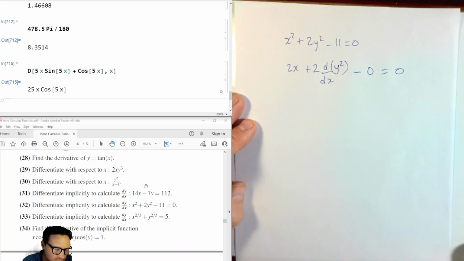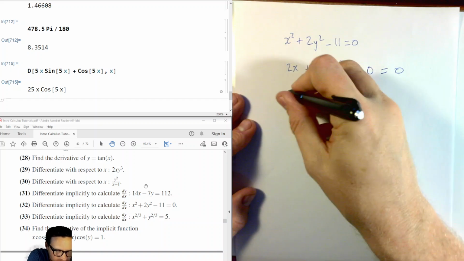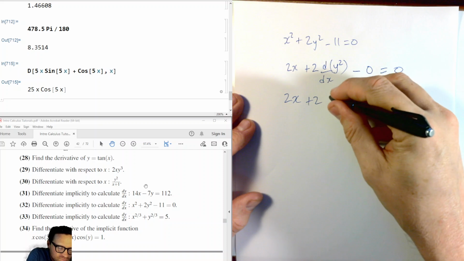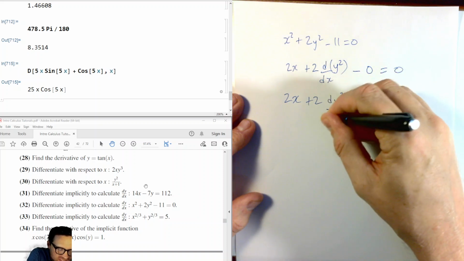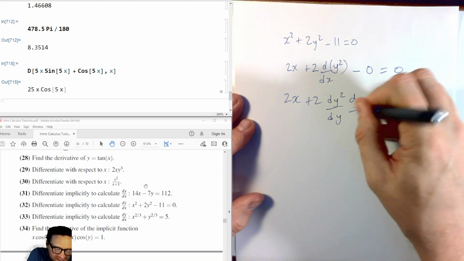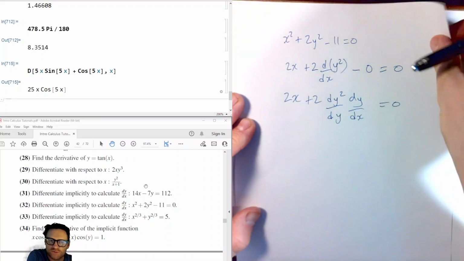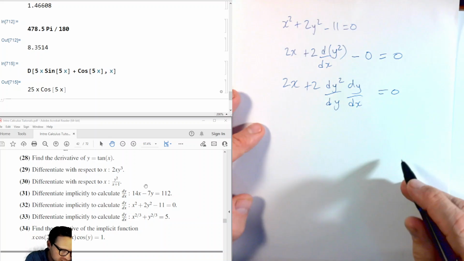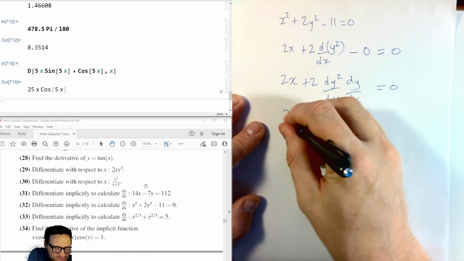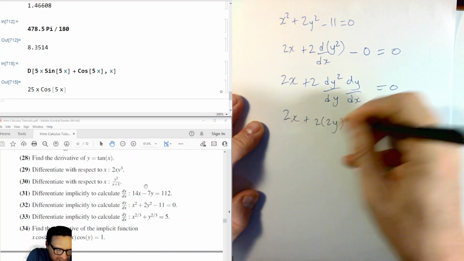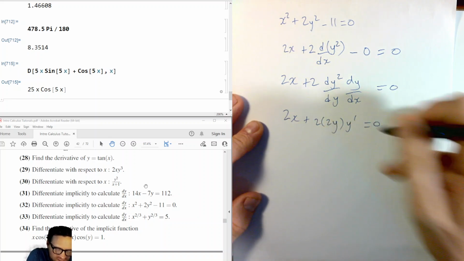Okay, d on dx of y squared is what we need to simplify. So we've got 2x plus 2 d y squared on dy times dy on dx. So the derivative of y squared with respect to y is 2y. So we have 2x plus 2 times 2y times y' equals 0.